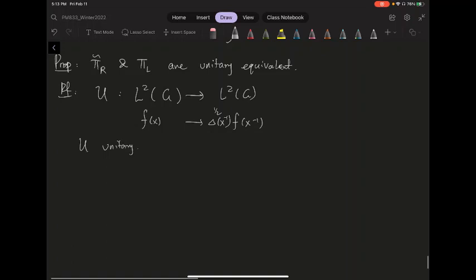And if you look at π_L composed with U, and apply it to some function, you can see that it is basically U composed with π̃_R(x). These two are really simple exercises: just plug in the algebraic formula and you can check they have to be the same. So in other words, the right regular representation is always unitarily equivalent to the left. That's why we usually only look at the left one.